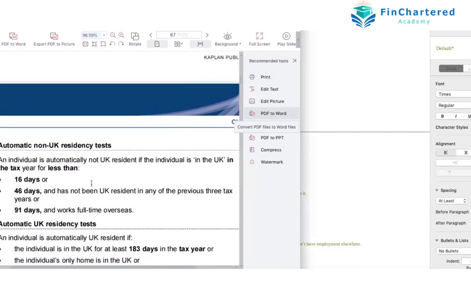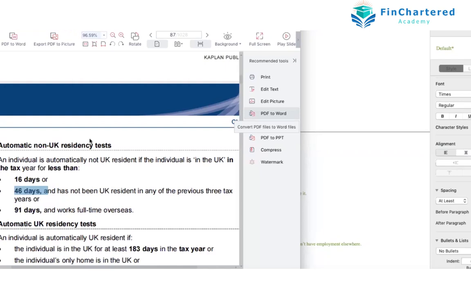In this category, you don't fulfill this criteria, because if you were there less than 16 days, you would not be resident. But you stayed for 70 days. You don't fall in this criteria either, because obviously you've stayed for 70 days.